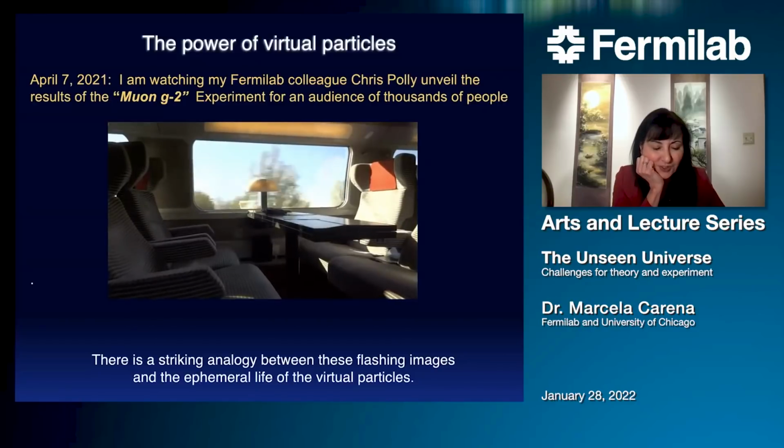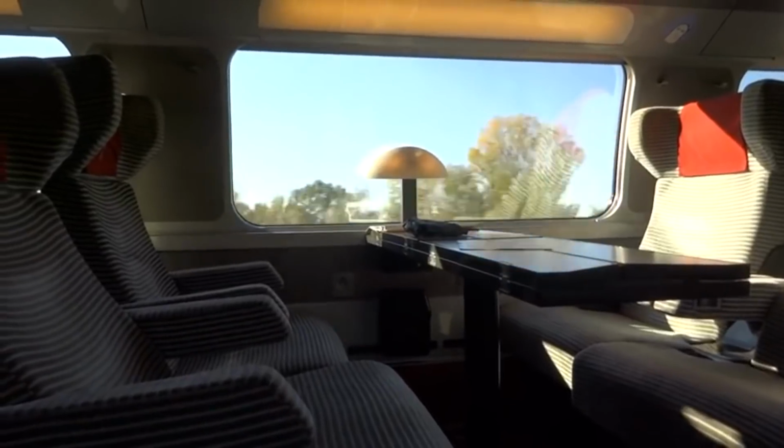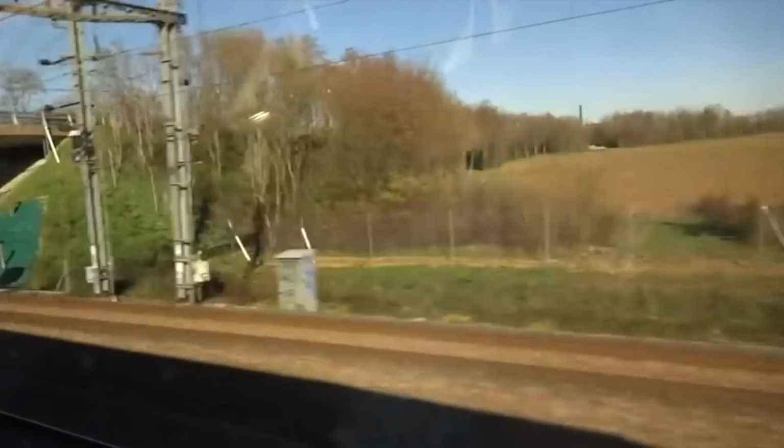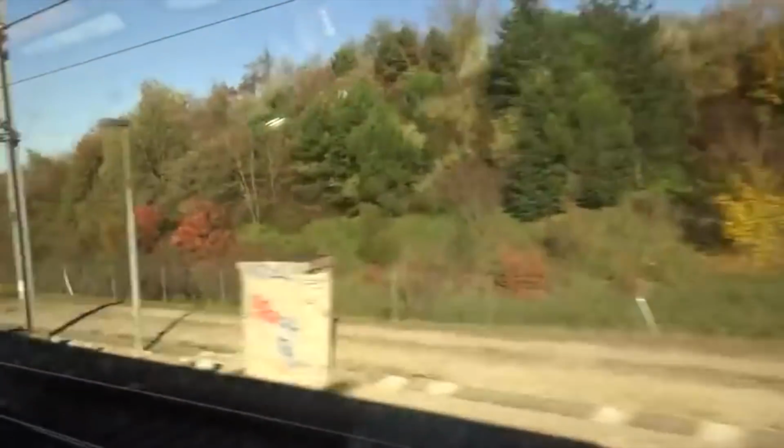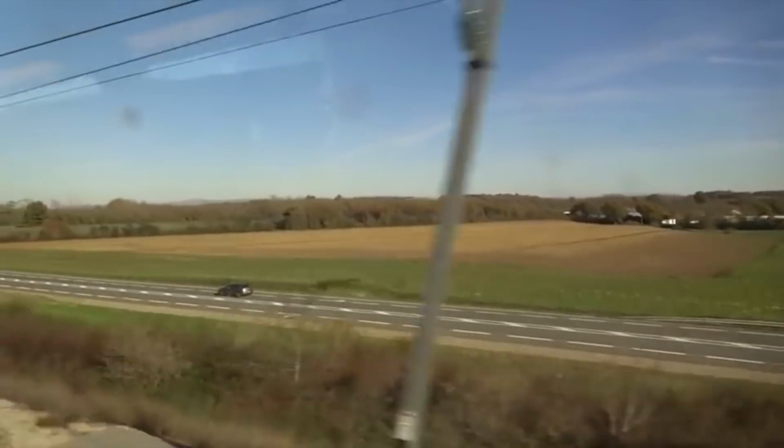Suddenly, I was remembering a time many, many years ago when I was traveling in a high-speed train, like the one you're seeing there, away from CERN, to my next job in Germany, looking through the window at the flashing scenes going by. Each was just a few flickering frames.